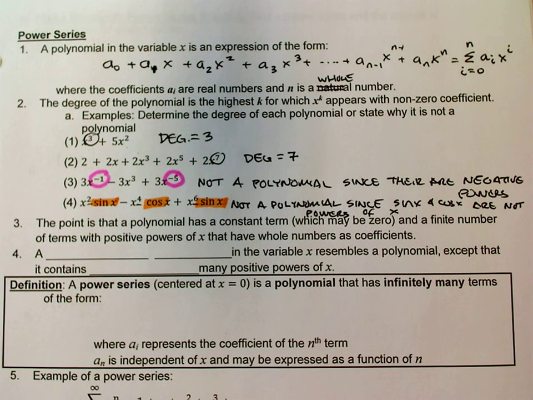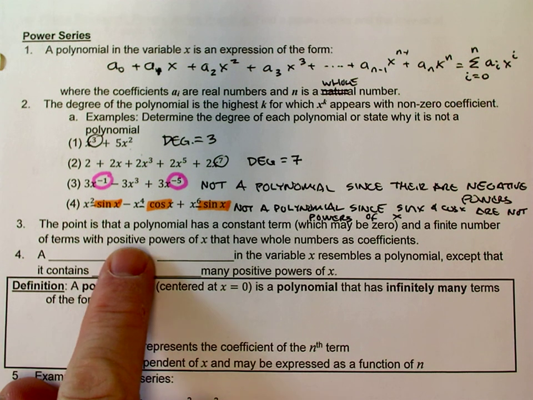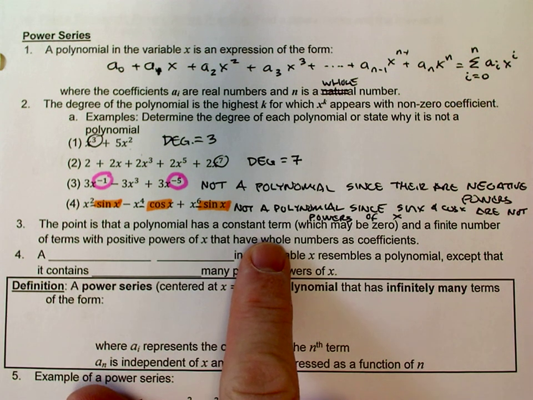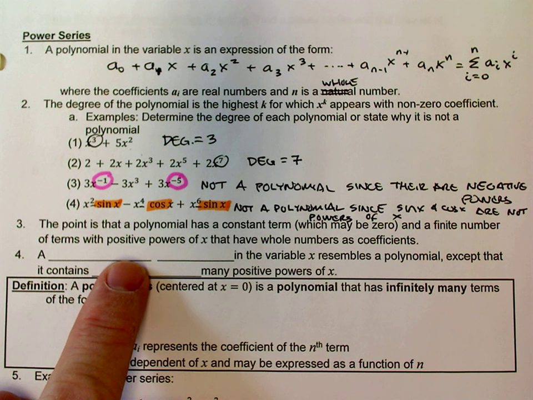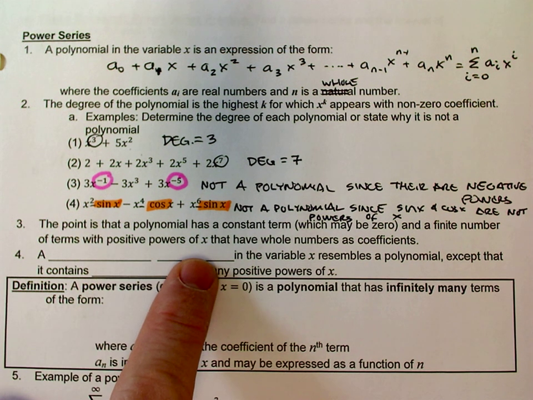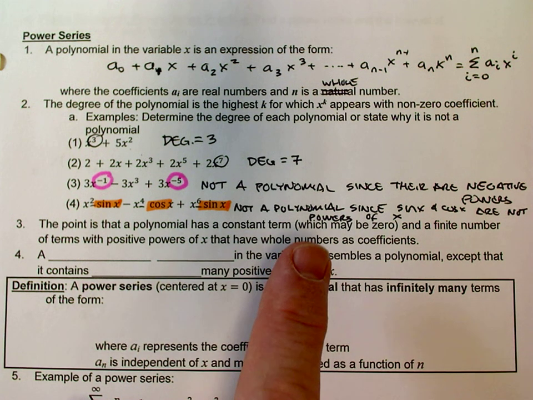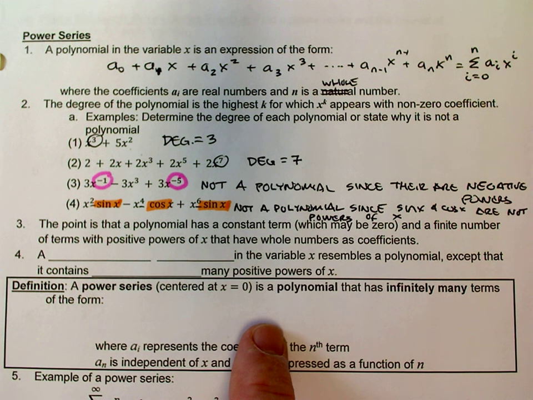So you can see here, I'll read this statement. The point is that a polynomial has a constant term which may be 0 and a finite number of terms with positive exponents for x. And all of those must be whole numbers when we look at their coefficients.